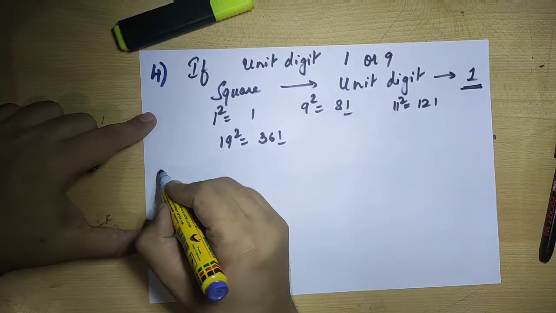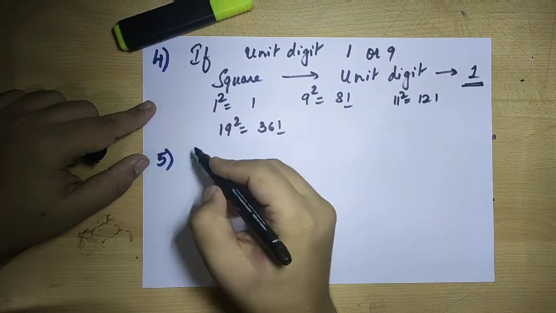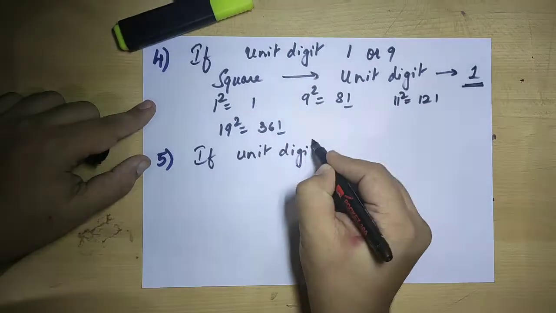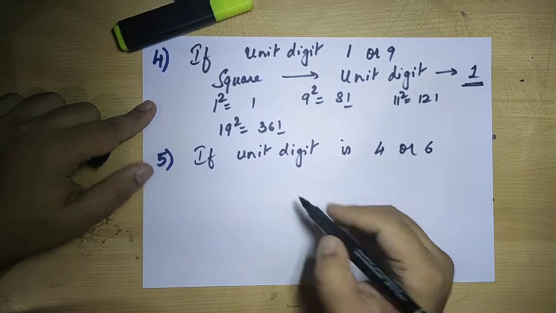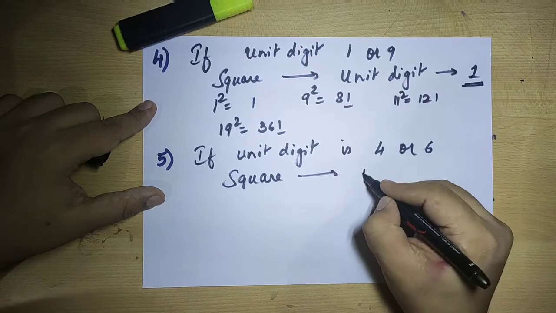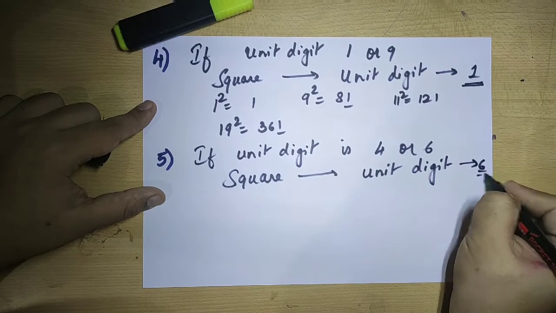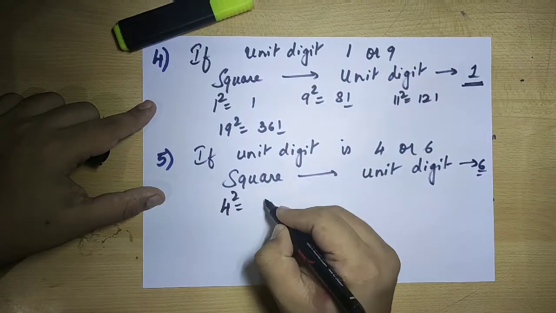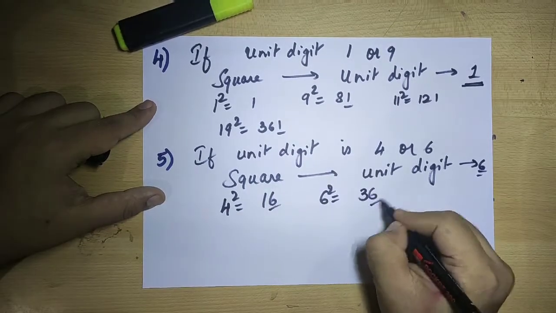Let us come down to the fifth property. If the unit digit ends with 4 or 6 and you take a square of it, the square will have the unit digit 6 always. Let us say for example, 4 square 16, 6 square 36.